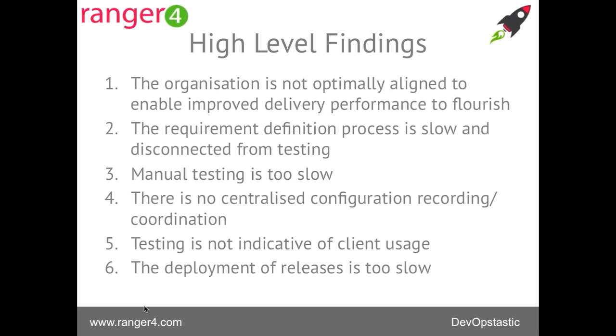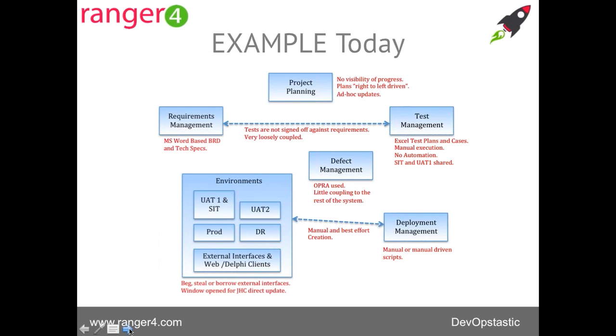There was a problem over the way that they were recording configurations. The testing, the actual method of testing they were doing, didn't reflect what their clients were trying to do, and they had a problem getting their innovation out into their clients' hands. So this is an architectural diagram of where they were. So you can see requirements and testing won't be signed off against each other.